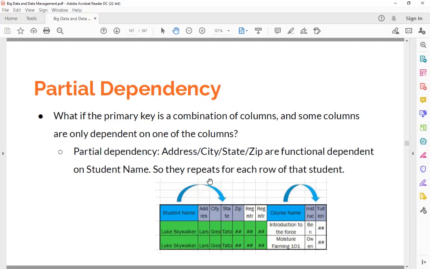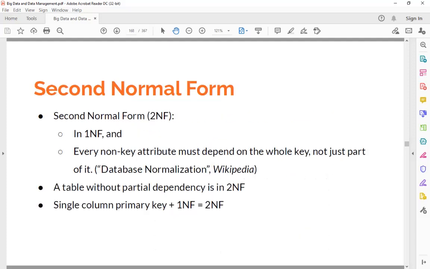In order to achieve better data integrity, we need to remove this partial dependency. If a table is already in first normal form and does not have partial dependency, then it's in second normal form. What it basically says is each non-key attribute is dependent on the whole key, not just part of it.